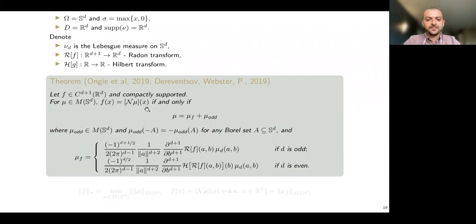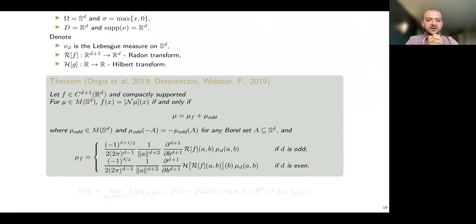So the theorem says if f is a compactly supported nice function, then f can be written in the form of a neural network with measure mu if and only if mu is a measure of the form mu_f plus mu_odd. Mu_odd is any measure which is odd on the unit sphere in the (d+1)-dimensional space.